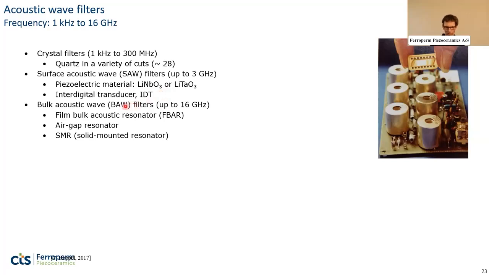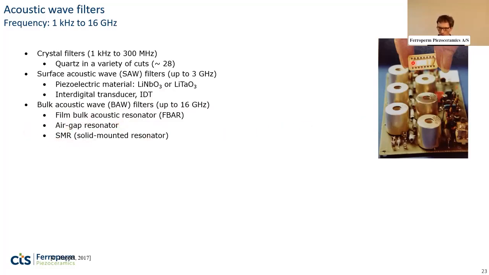Even more recently, bulk acoustic wave filters have been generated, and this may be up to 16 gigahertz, as I mentioned before. Different designs include the film bulk acoustic resonator, the air gap resonator and the solid mounted resonator.